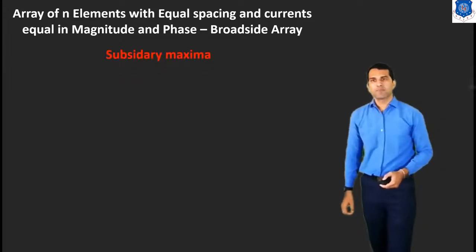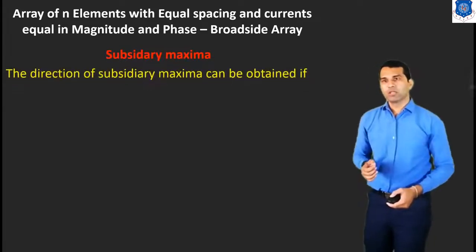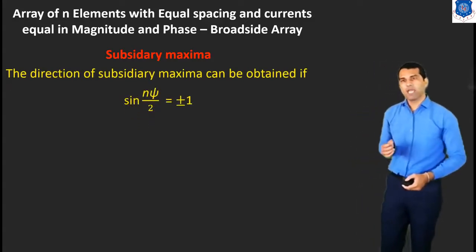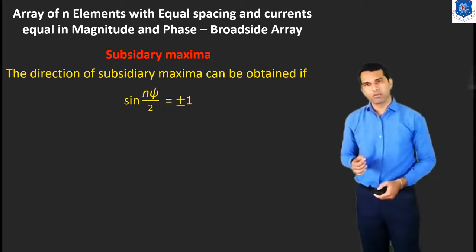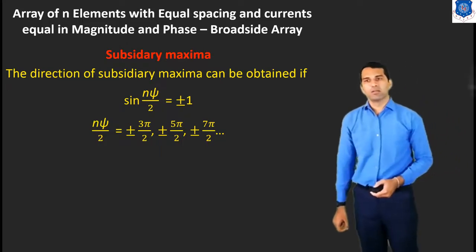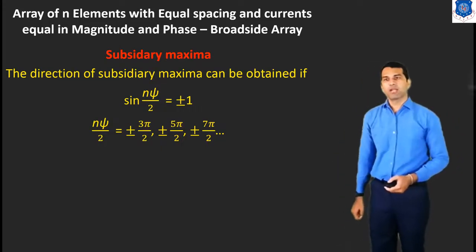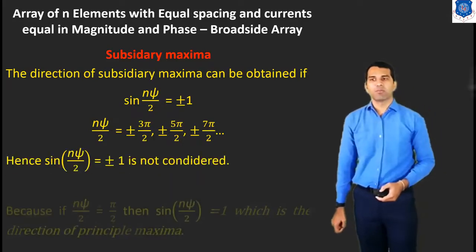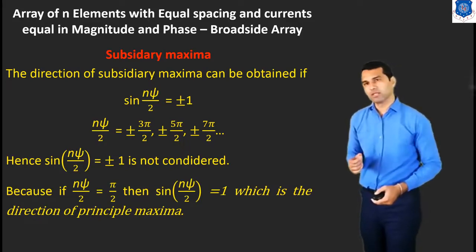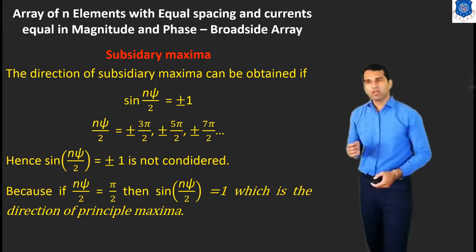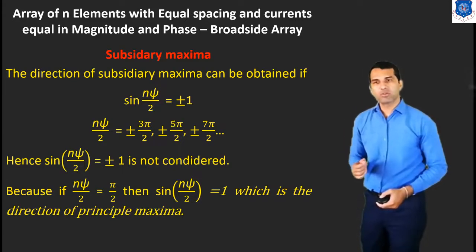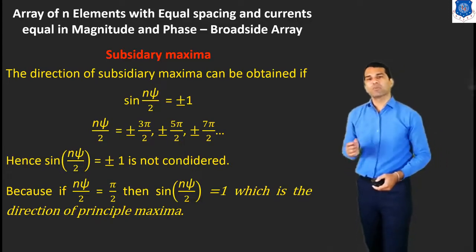Now, subsidiary maxima. The direction of subsidiary maxima can be obtained if sin(nψ/2) equals plus or minus 1. So the sin inverse of plus or minus 1 gives the values 3π/2, 5π/2 and 7π/2. The value nψ/2 equal to π/2 is not considered, because if nψ/2 equals π/2, then sin(nψ/2) equals 1, which is the direction of the principal maxima.